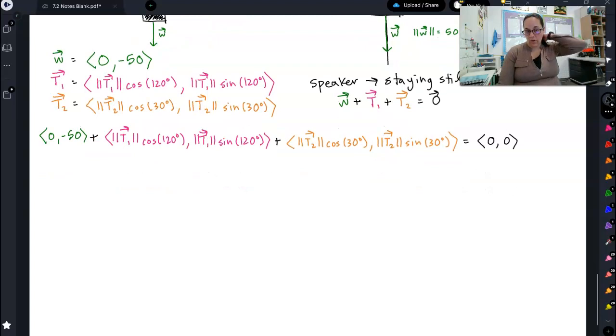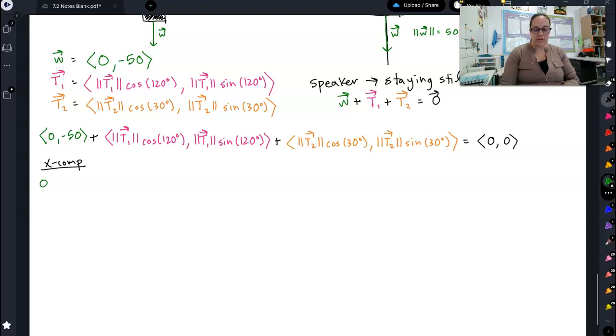I know that when I add vectors, I can just add their components. So let's start by making an equation where we add together all the x components. So the x component of the W vector is 0. The x component of the T1 vector is this.